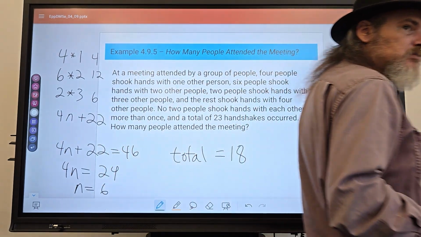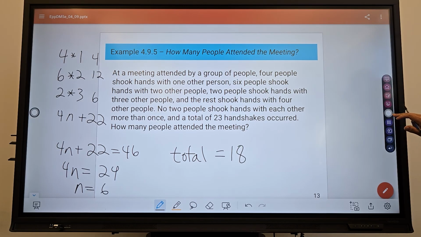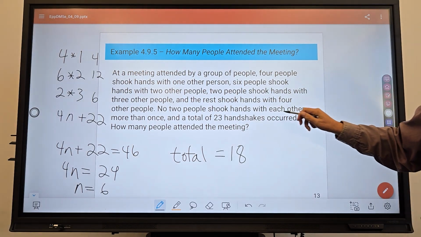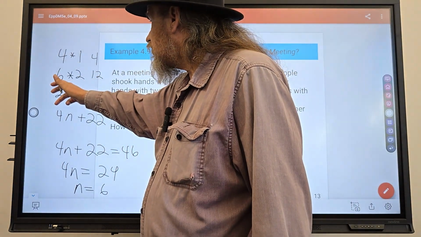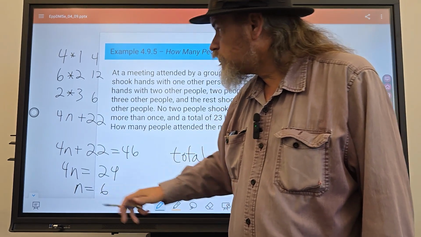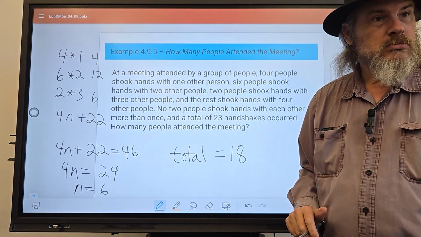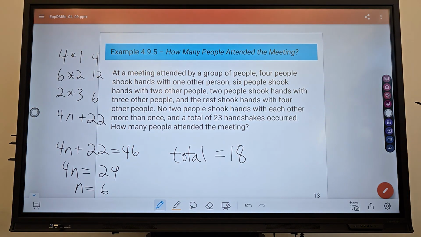Total would be 18. Sound about right? Okay. Total would be 18, the total number of people at the meeting: the 4, 6, and 2 people plus n. Make sense? Okay.